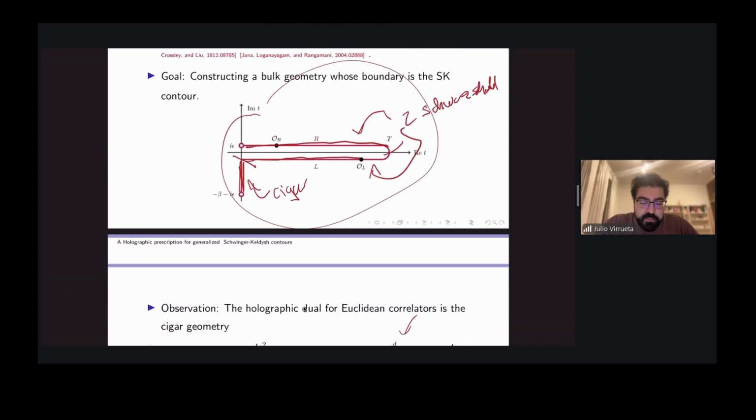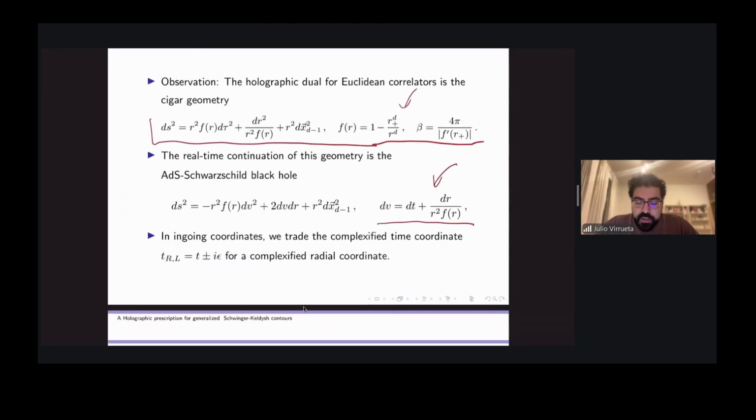I have this segment over here, which is roughly t plus i epsilon, and I have this segment over here, which is t minus i epsilon. And now, in ingoing coordinates, the strategy is to keep the ingoing coordinate real. That is a prescription. So I will keep the ingoing time real, but that means I need to complexify the radial coordinate to cancel the complexification of the Schwarzschild time.